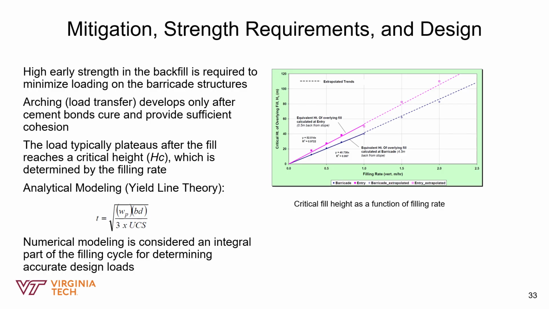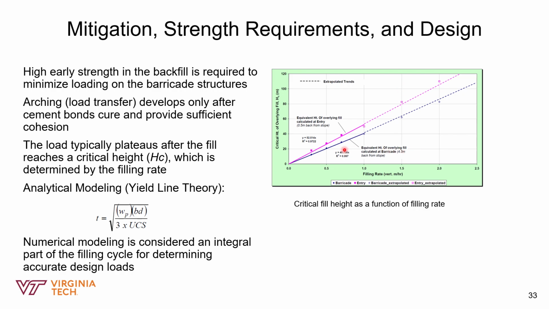So this graph has the critical height on the y-axis and the filling rate on the x-axis. And this graph is telling us that if you fill faster, as in if you move right on the x-axis like that, that means the safety plateau would happen much later on the y-axis.